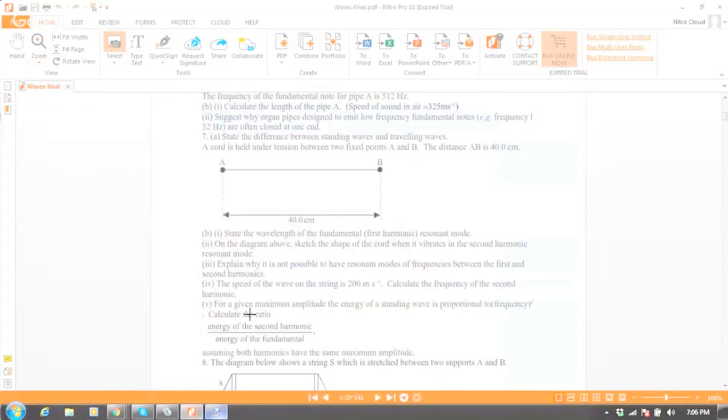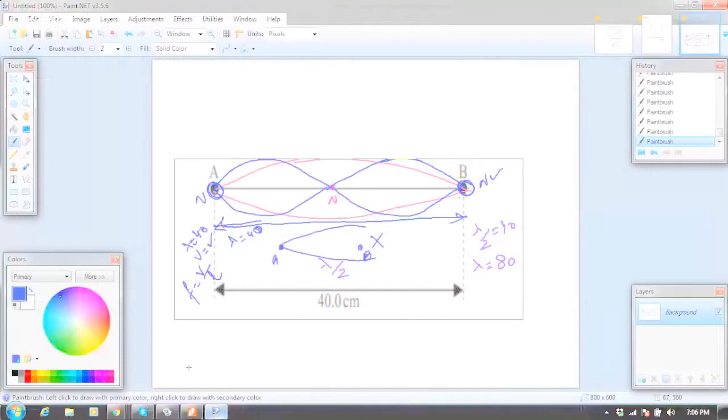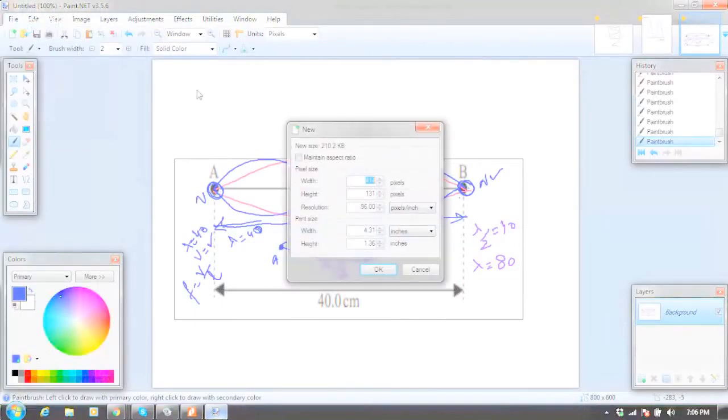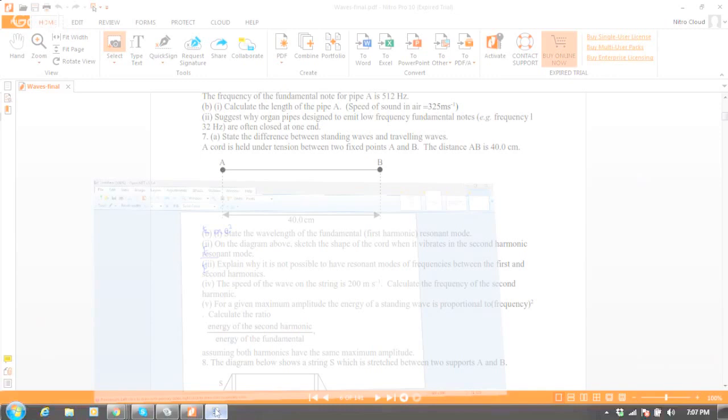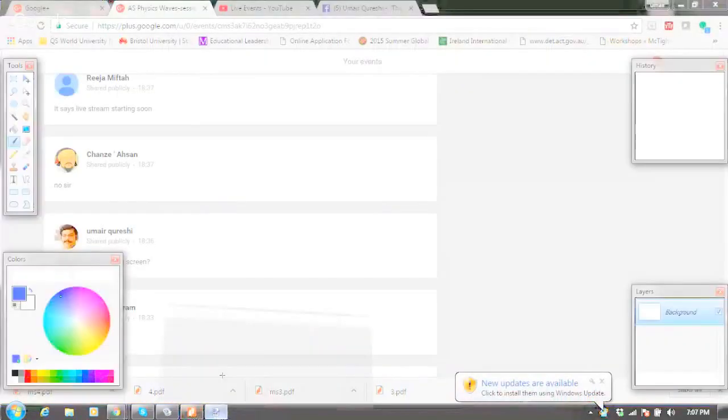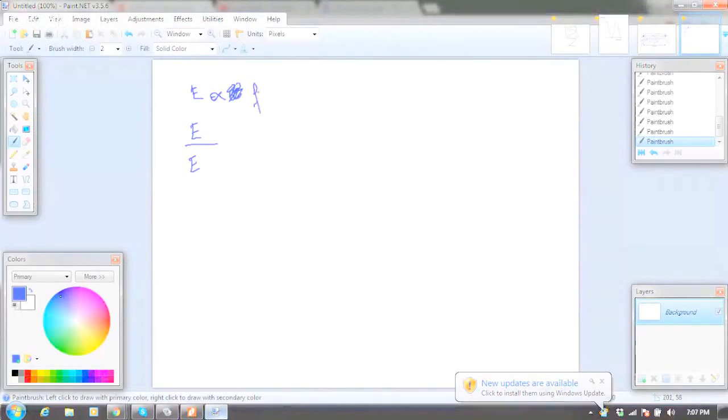And the last part is for a given maximum amplitude, energy of a standing wave is proportional to frequency square. So क्वेश्चन कहता है कि आपके पास एक रिलेशनशिप है और रिलेशनशिप ये है, let me open a new canvas. The question says that the relationship is given, that is energy is proportional to frequency square, sorry, not amplitude square, it was frequency square.